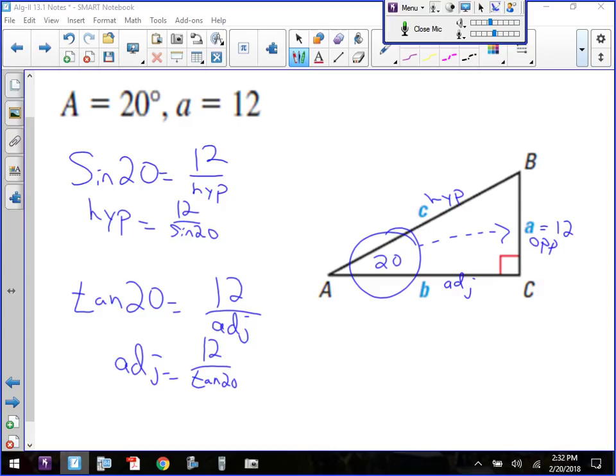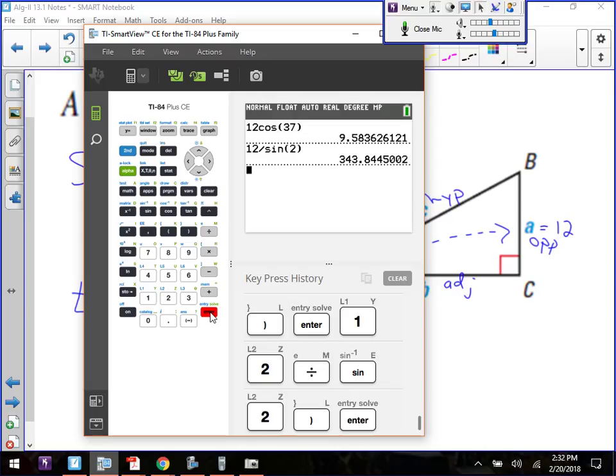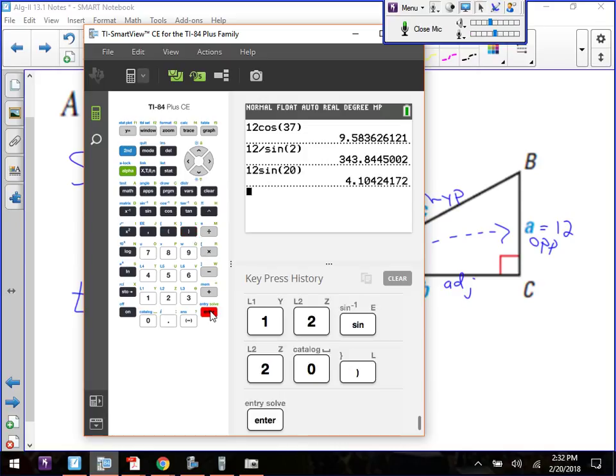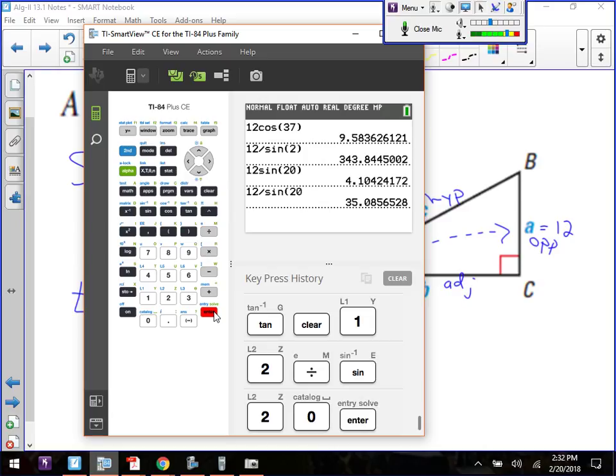Let's see, 12 sine. Then 12 tangent. Oh, so I did times. I'm doing divide. Sorry. $35.09.